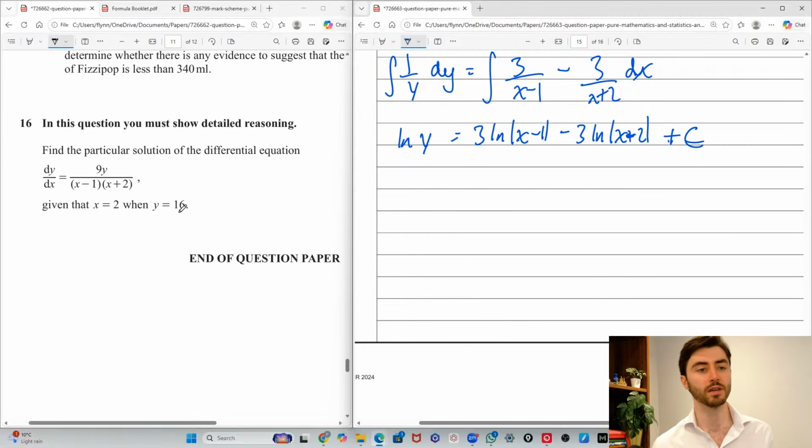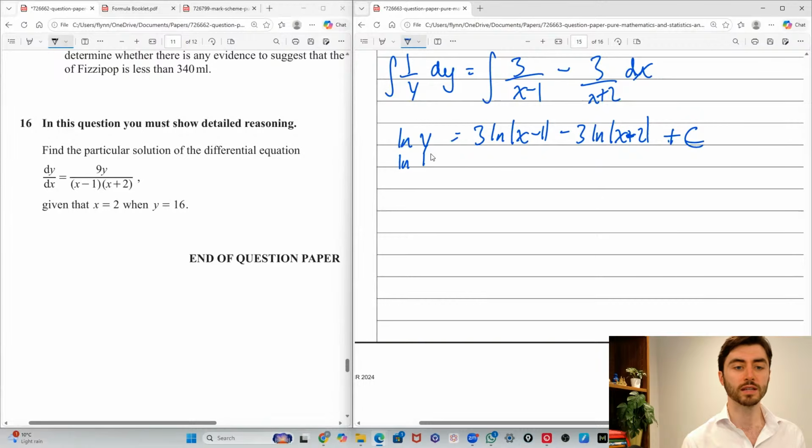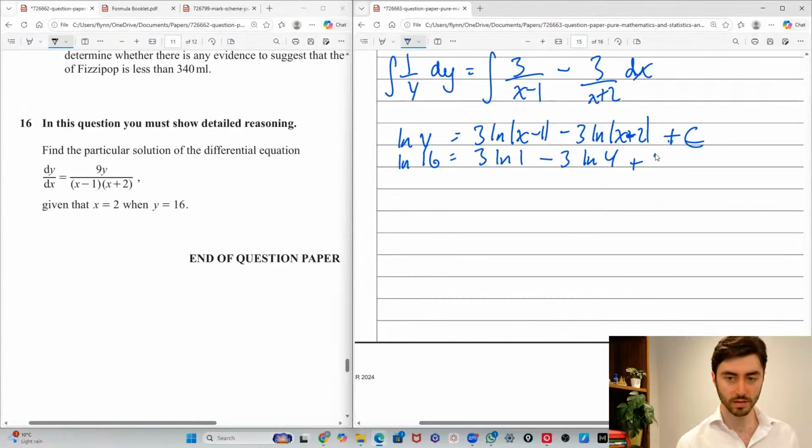Now we have some particular values to plug in so that we can work out what that plus c is. So we have that ln of 16 is equal to 3 ln 1 minus 3 ln 4 plus c. So that's just equal to 0. So that is equal to minus ln of 64.